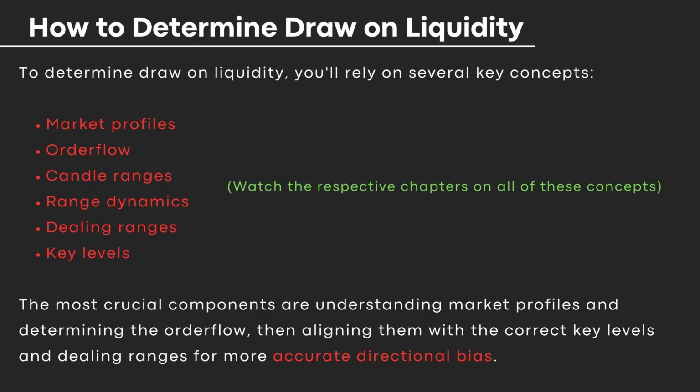And we'll use candle range theory, CRT, or simply candle ranges, and combine it with the first two concepts and then integrate them with each other, and then it'll assist us in determining our major term liquidity. And then, last but not least, we'll use range dynamics, dealing ranges, and key levels, or specifically higher time frame key levels, to help us anticipate or determine our drawn liquidity.